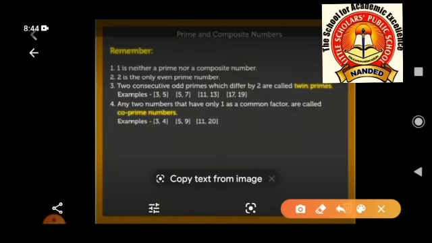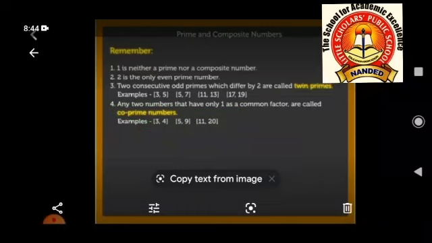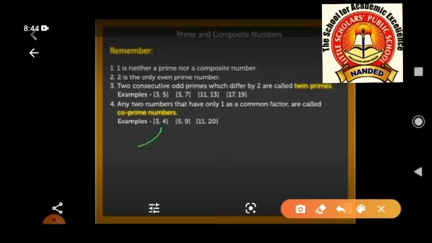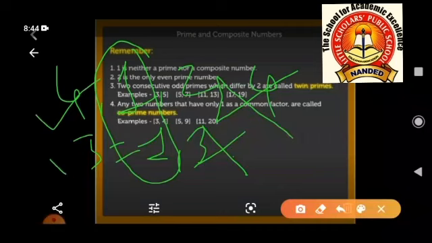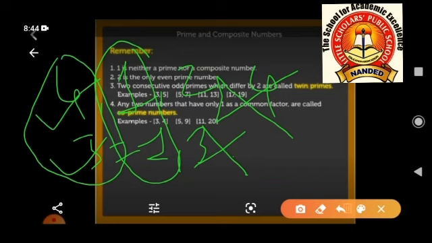Fourth, any 2 numbers that have only 1 as a common factor are called co-prime numbers. For example, 3 and 4. What are the factors of 3? 1 and 3. What are the factors of 4? 1, 2 and 4. Except for 1, there are no same factors between 4 and 3. So 4 and 3 are co-prime numbers.